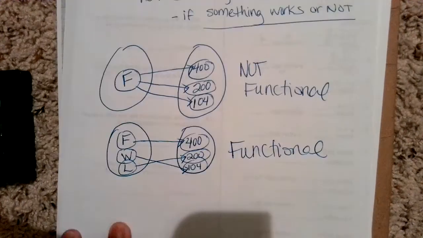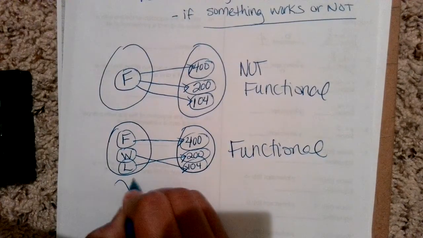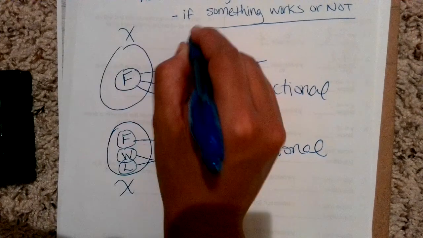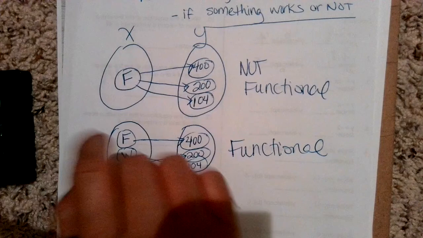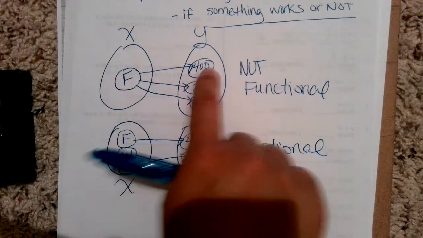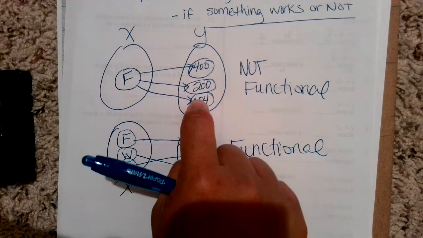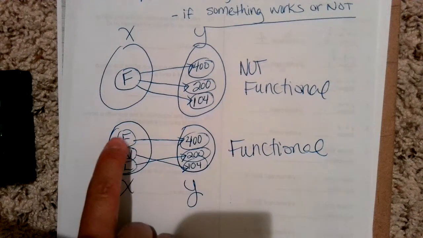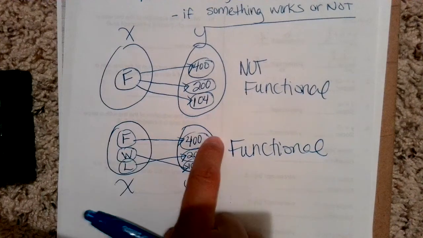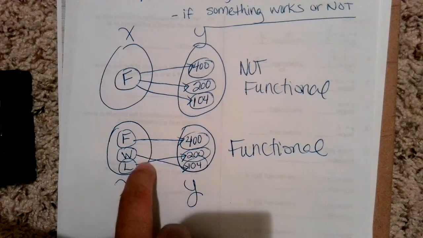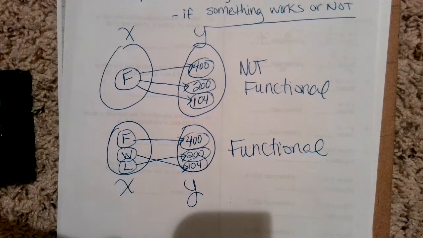And these are actually going to be our x's and our y's. So when we have one x value and it's going to many, that's not a function. But if we have more than one x value, or just one x value, going to one y value only, that is a function.